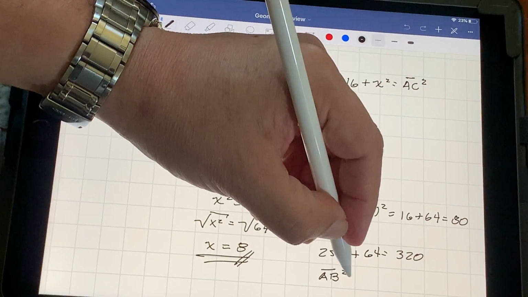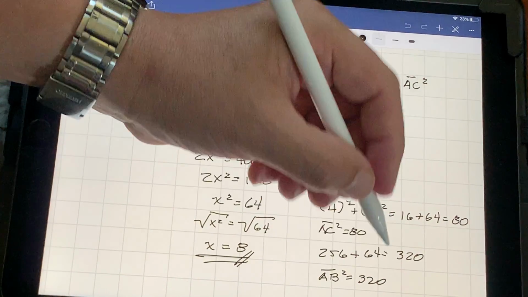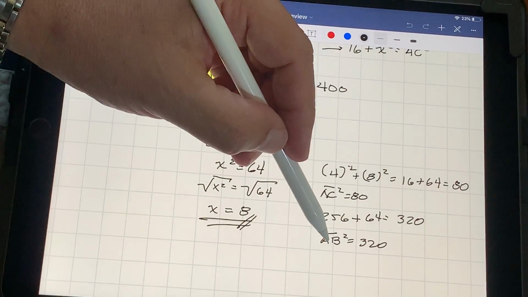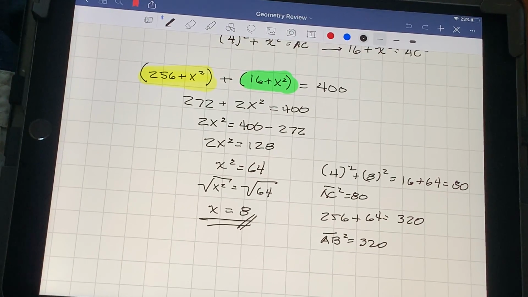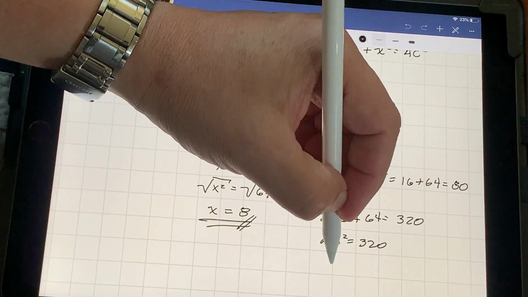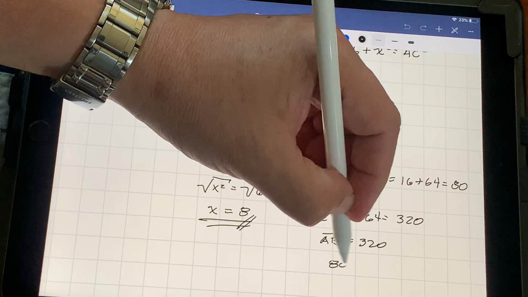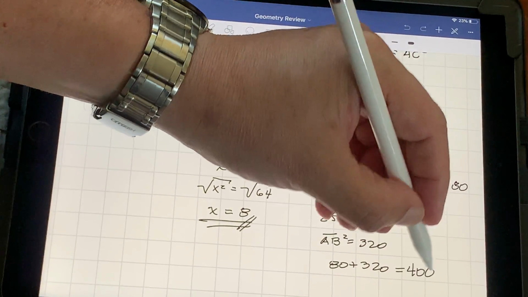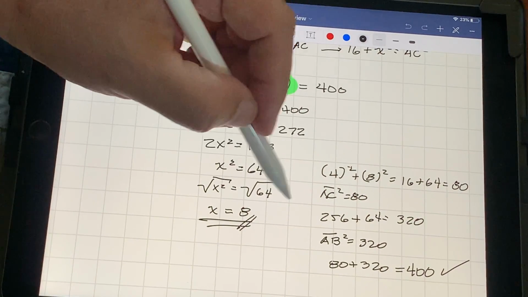If you remember, Pythagoras says that the sum of the squares equals the square of the hypotenuse. So this is squared, this is already squared, so 80 plus 320 equals 400. This is true, so x equals 8.